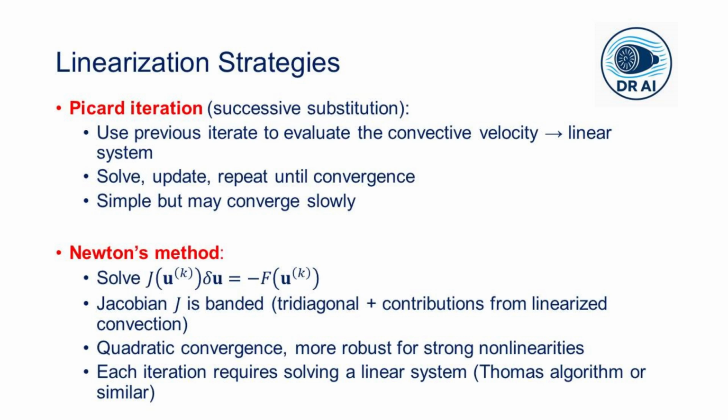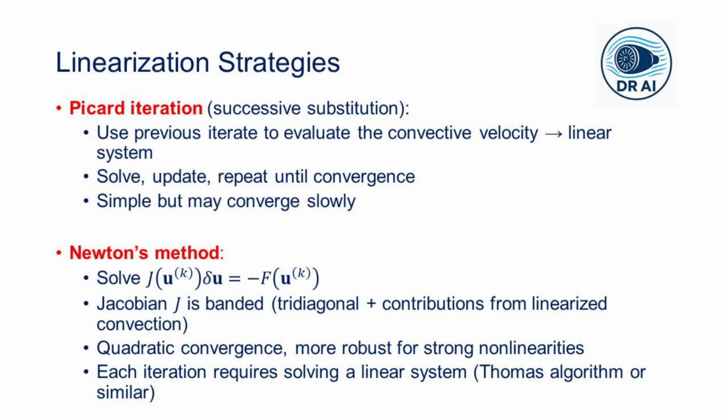The second approach is Newton's method, which is more robust and converges quadratically. Here we treat the entire nonlinear equation as a function F of u raised to the power n plus 1 equals 0, and iteratively solve J delta u equals minus F, where J is the Jacobian matrix.